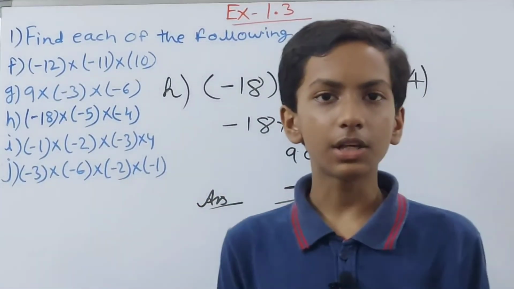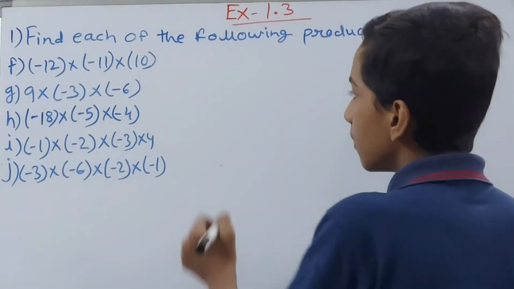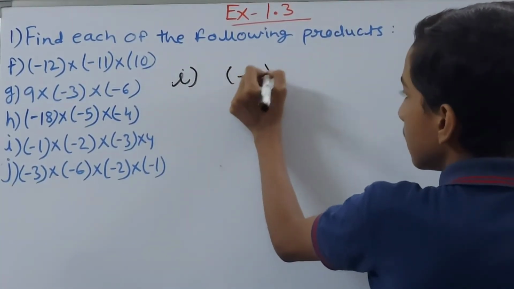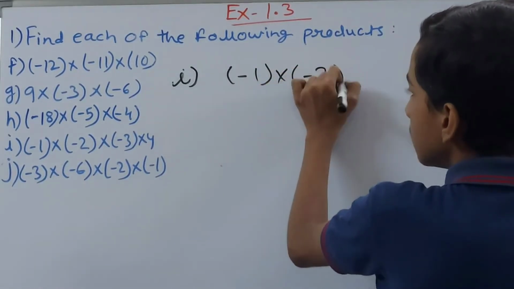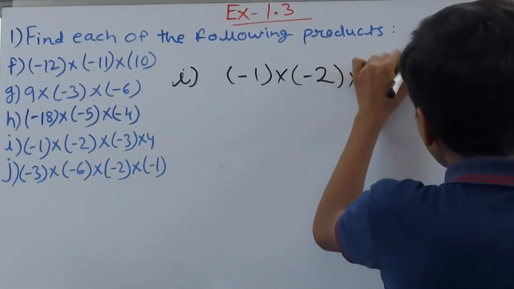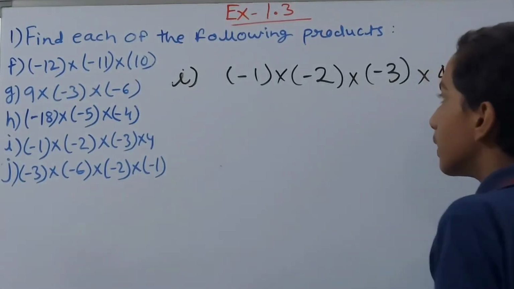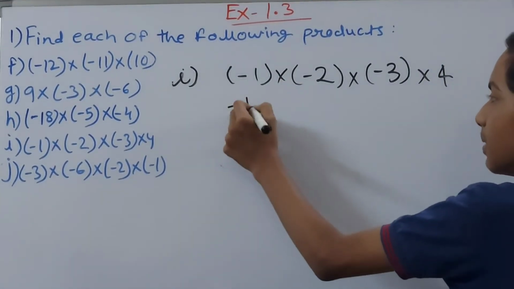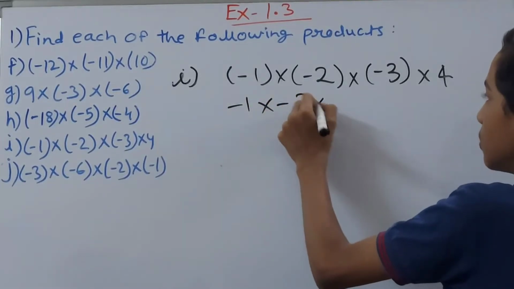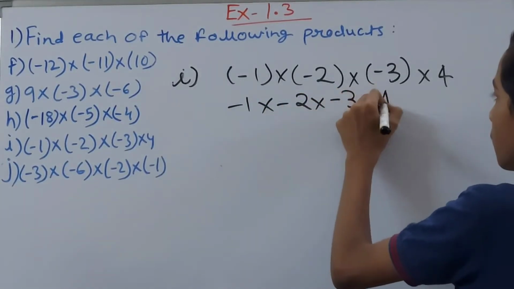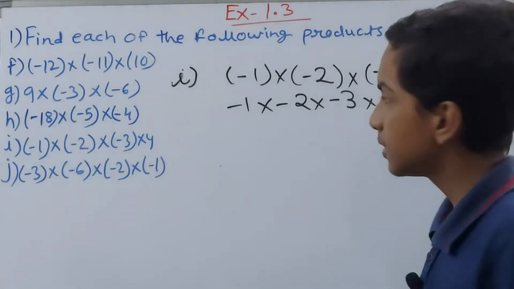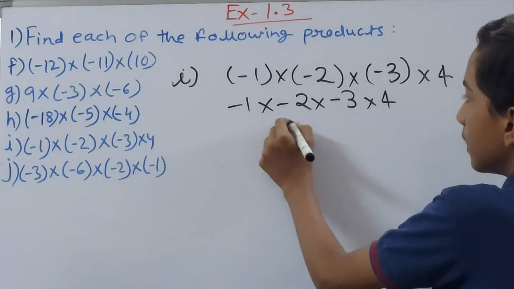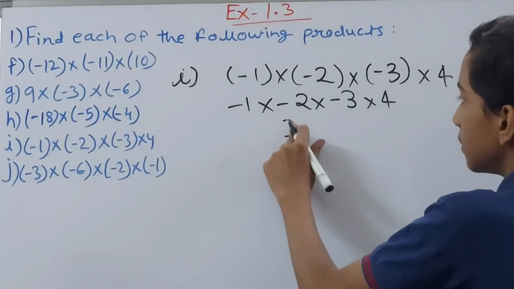Let's move on to the next part. Now we have the I part, it is minus 1 into minus 2 into minus 3 into 4. Alright, this we solve once again. So again we open the brackets first up. So this is minus 3 into 4. Right, now minus 2 into minus 3 will be again 6. So this we write it here.